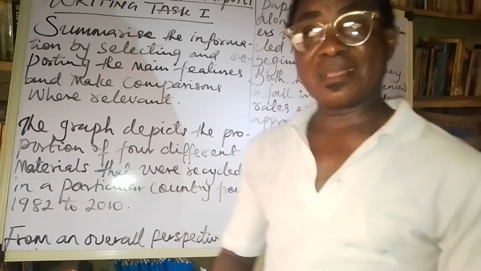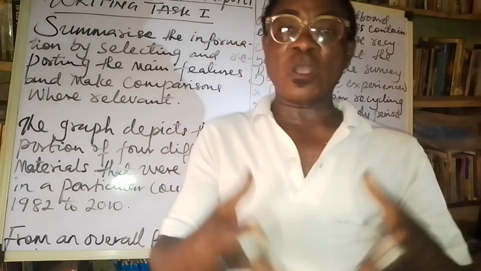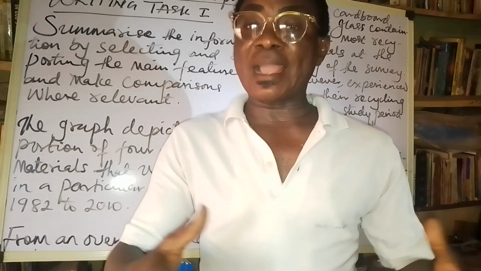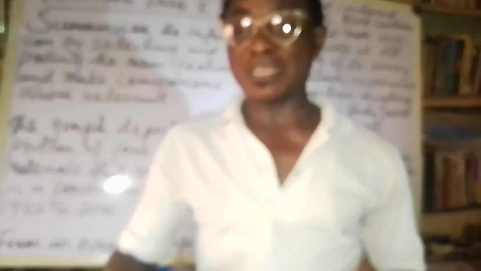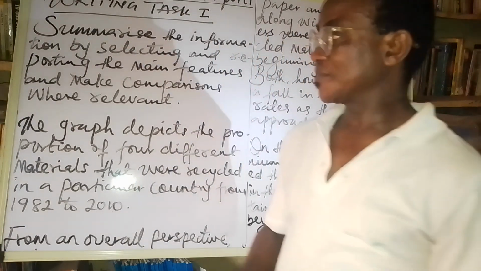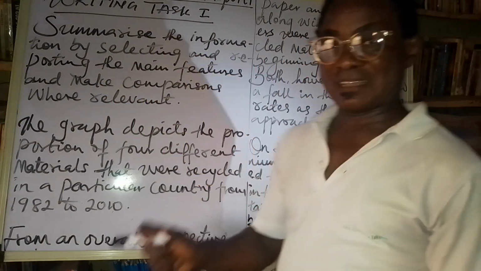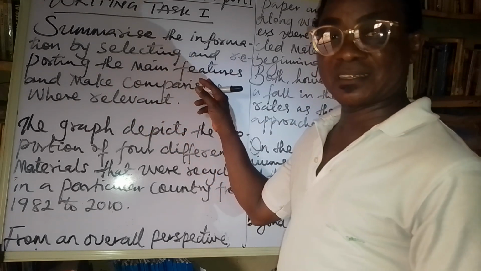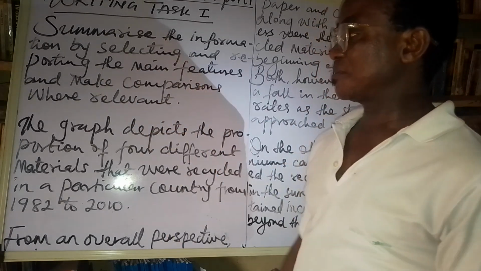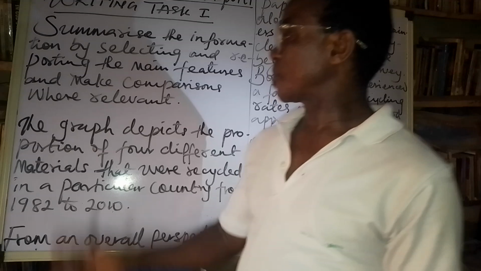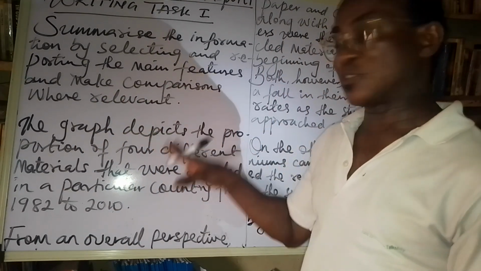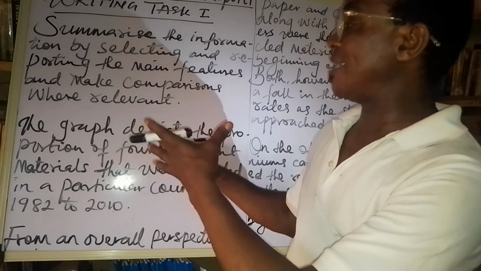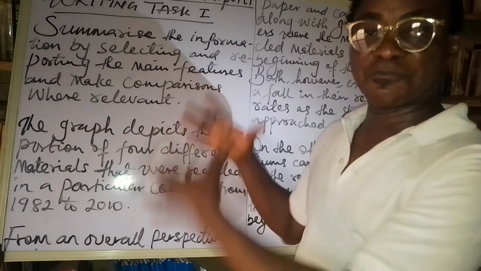A summary refers to a concise representation of a longer piece of original information. As we summarize, therefore, we are to select and report only the main features of the graph, but not everything. And then, where it is necessary, we compare the values, we compare the variables that are involved.